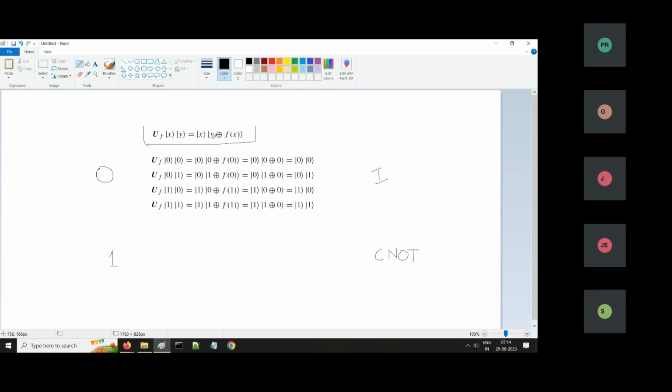So we get y exclusive OR f of x. This is the underlying way your oracle operates, right?